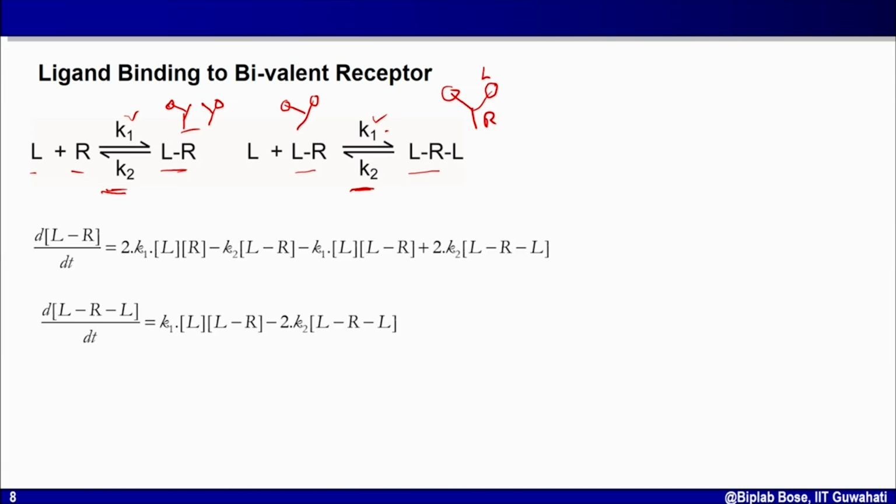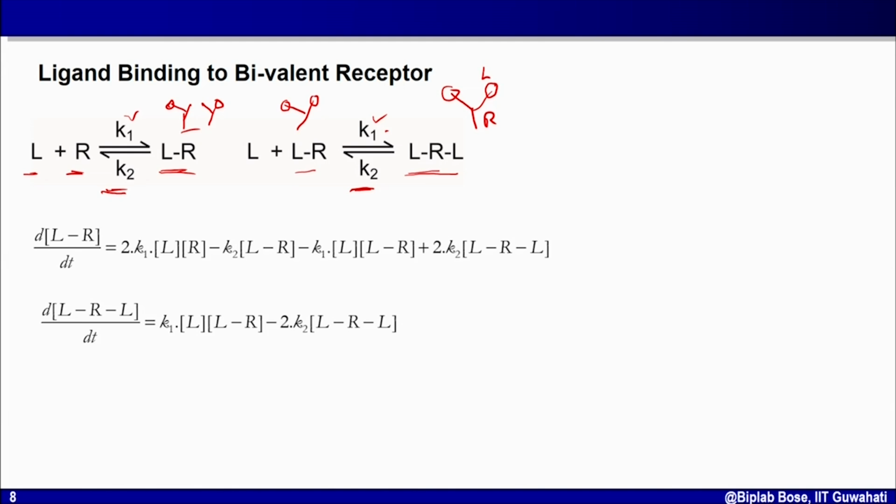Now if I have to write down the ODEs, what will I do? I can write an ODE for L, an ODE for R, an ODE for LR, that is the one ligand, one receptor complex, and also an ODE for LRL, the final complex. So 4 ODEs should be there. If you remember, in the last example I considered conservation of total ligand and total receptor.